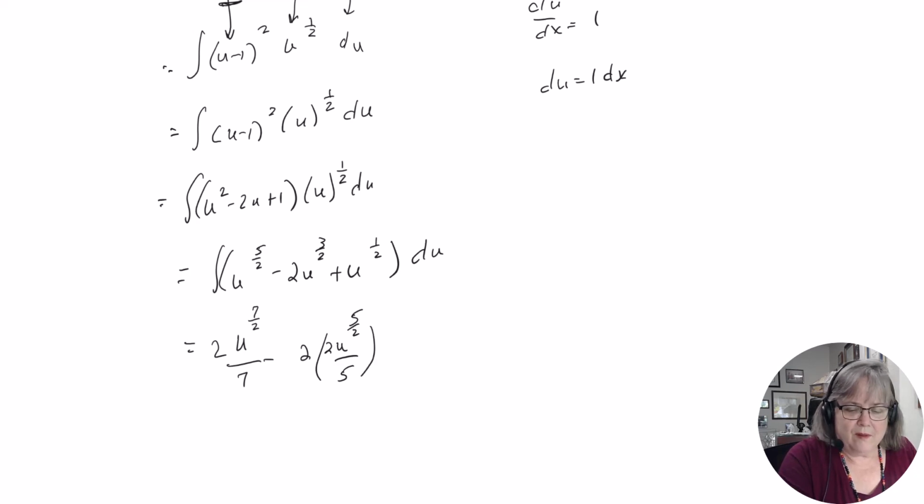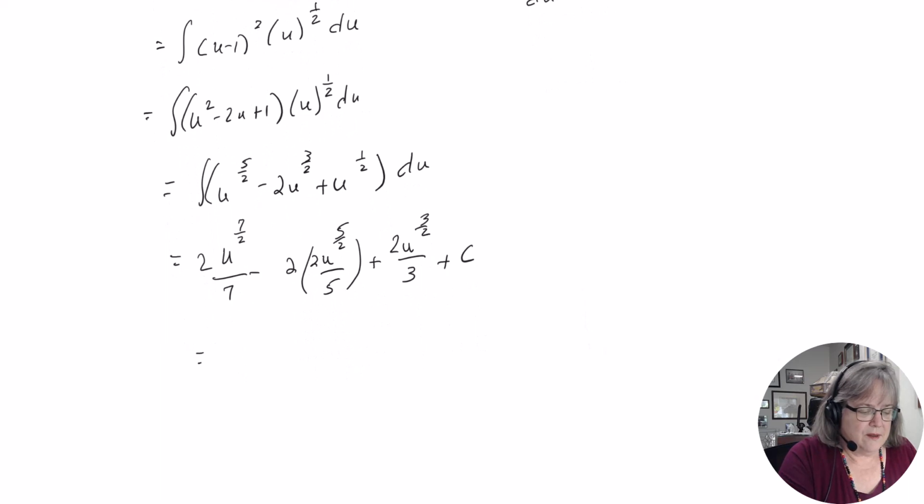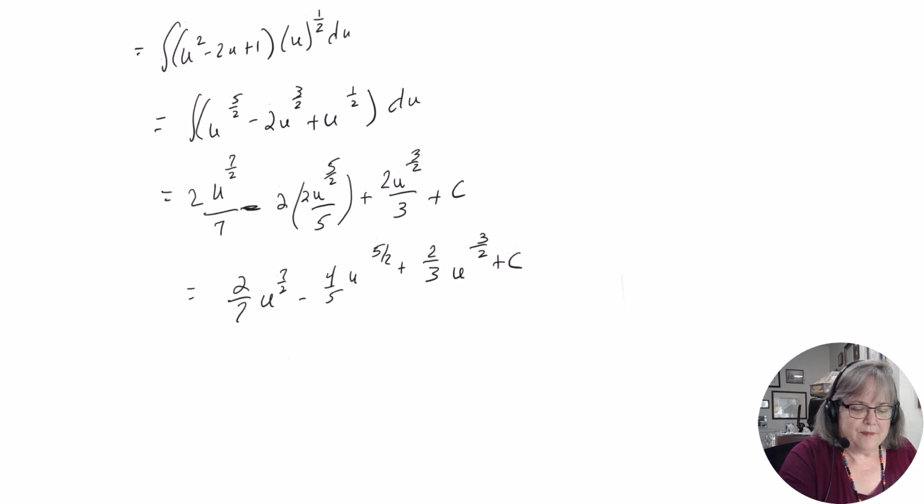Plus u, add 1 to the power, divide by the new power, plus c. So this is 2/7 u to the 7/2 minus 4/5 u to the 5/2 plus 2/3 u to the 3/2 plus c.